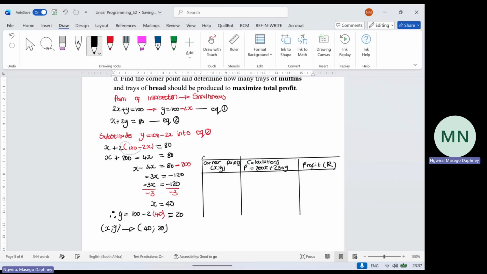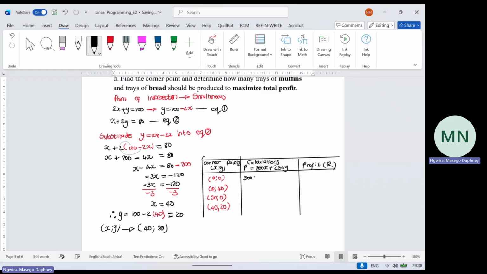Okay, now we are going to have our points. We start with 0 and 0. All right, 0 and 0, then we say 0 and 40. They're from the graph, by the way. And then we have 50 and 0, and then we have 40 and 20. Now let's see. Okay, so I'm just going to write this first.